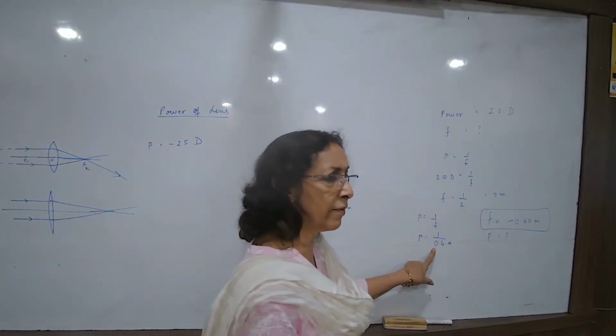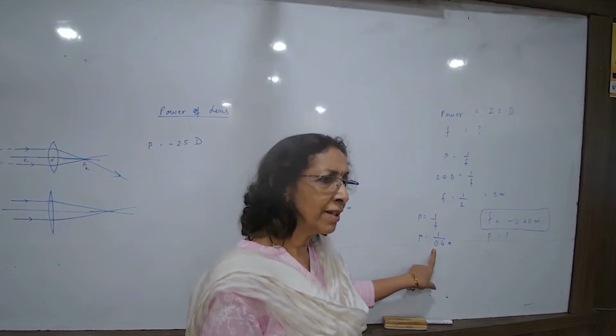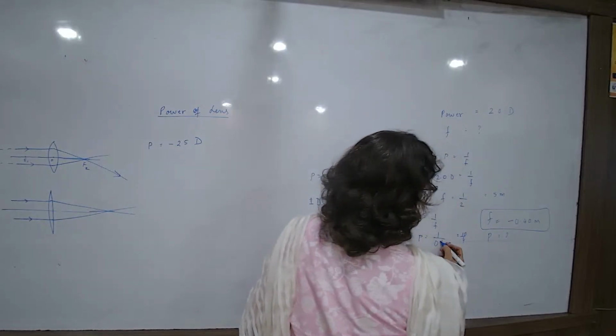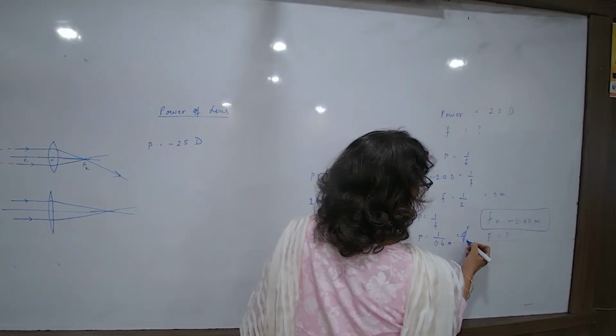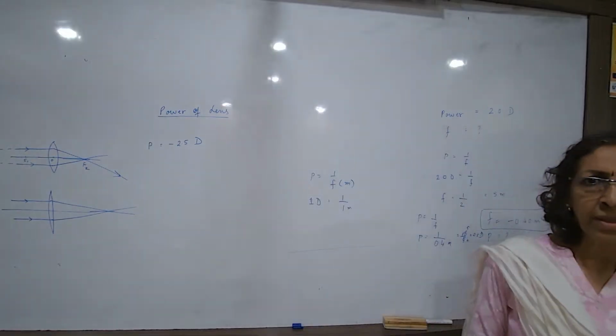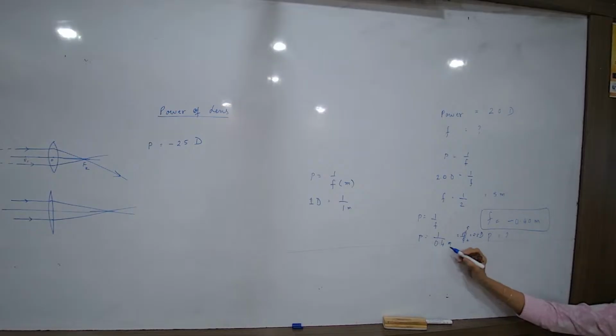It is going to be 10 divided by 4. How much is 10 upon 4? That is equal to 5 upon 2, that is equal to 2.5. Did you all get it? You just have to multiply numerator and denominator by 10.